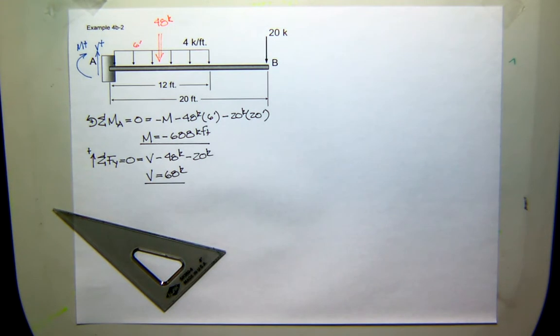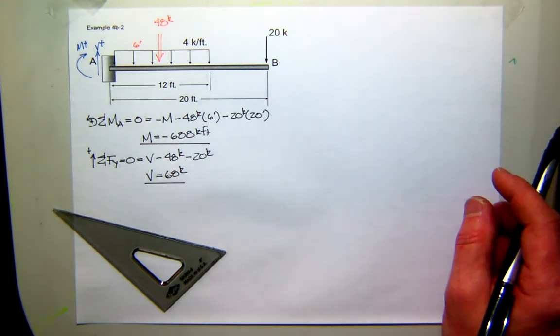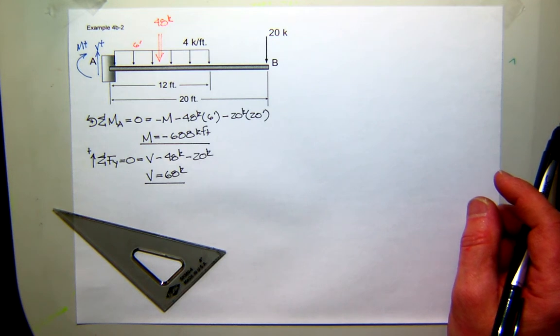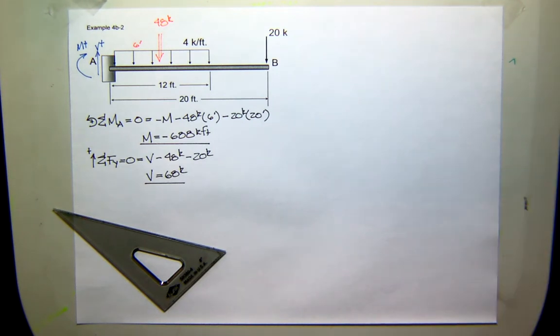So if you had, for instance, this is a different beam, you had an X component for a reaction at B, would you still just ignore the axial force at A? Since we just focus on shear and moment, or would that affect shear and moment? It will not. But we might have an axial force.